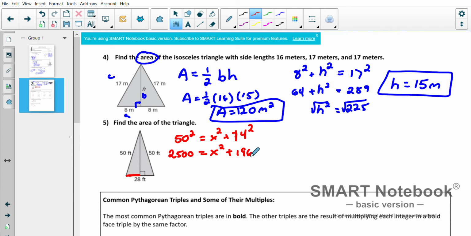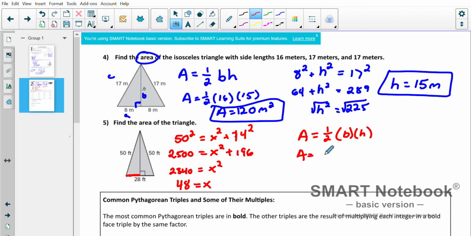Subtract 196 from 2,500 and you end up with 2,304 is equal to x squared. When we take the square root of that, we get the height of our triangle is equal to 48 feet. Now we can use our area of a triangle.